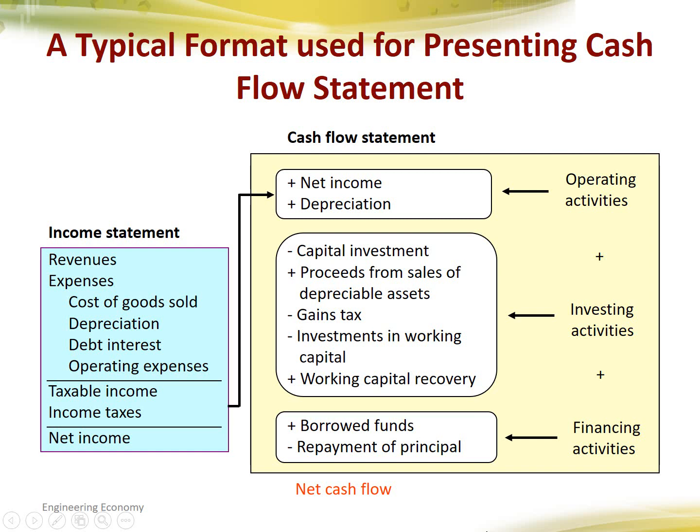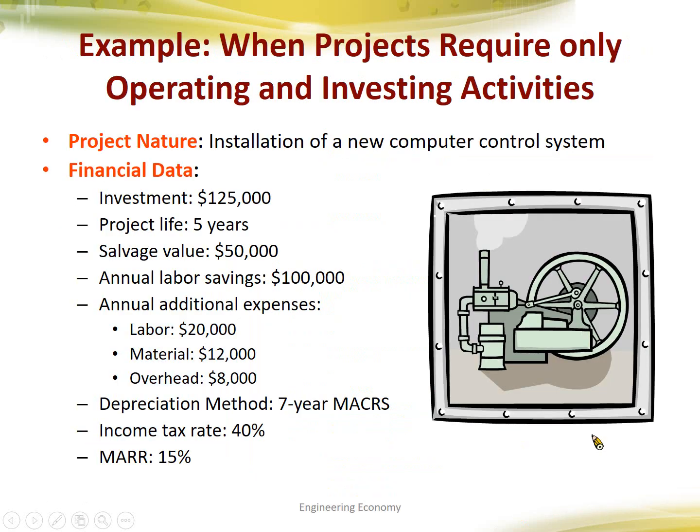So these different elements will give you net cash flow over different years. So we can look at one example, and hopefully this example can help you to see how cash flow can be developed.